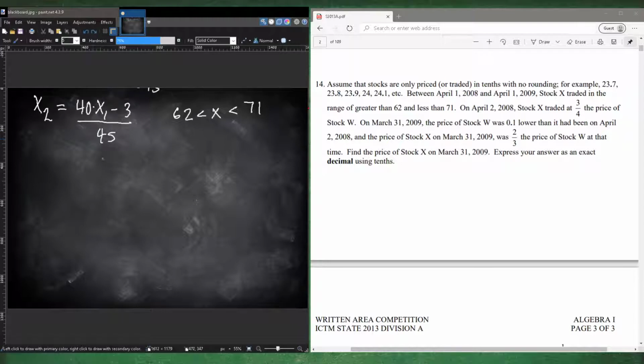So what is 45 made of? It's made out of 5 and 9, which is also 3s. So if you divide a number by 3, it's going to be either 0.3 repeating, 0.6 repeating, or a whole number. That doesn't work because these are repeating, and they said no rounding.